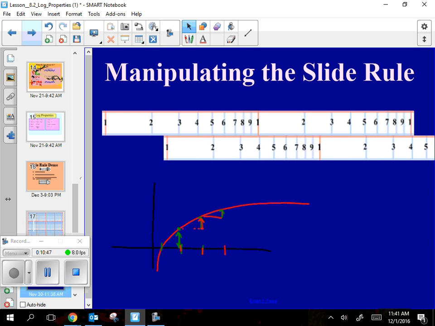Would you agree that I just aimed this at 2.5? 2.5 times 2 makes 5. How about 9 times 8 making 72?